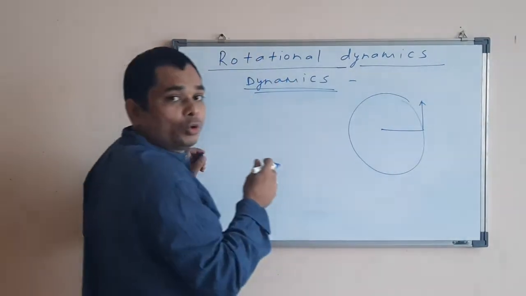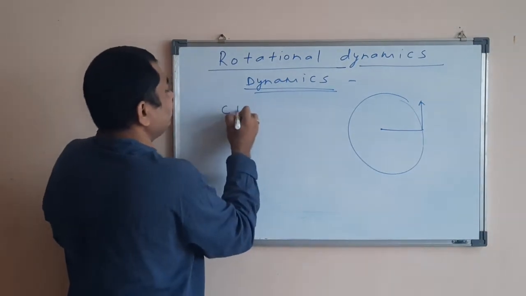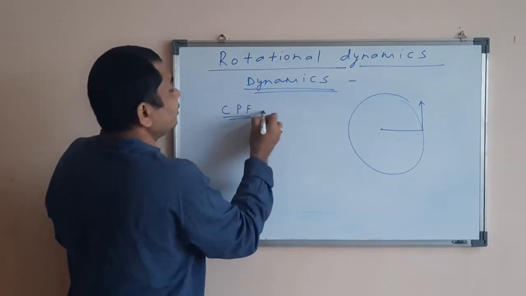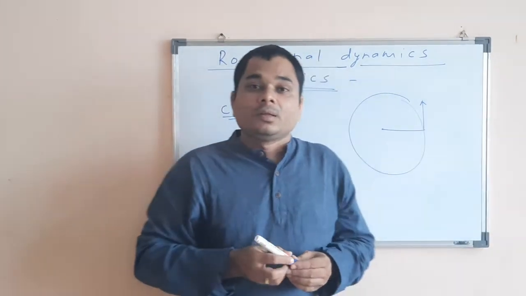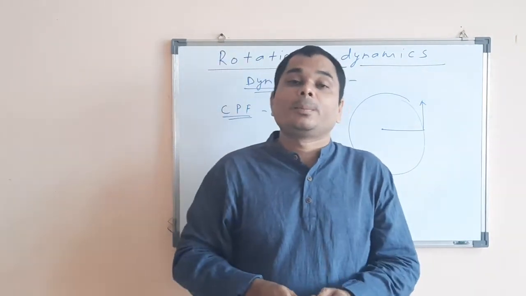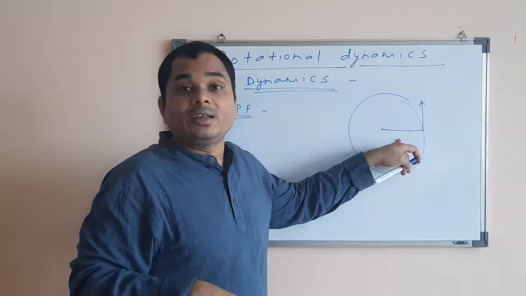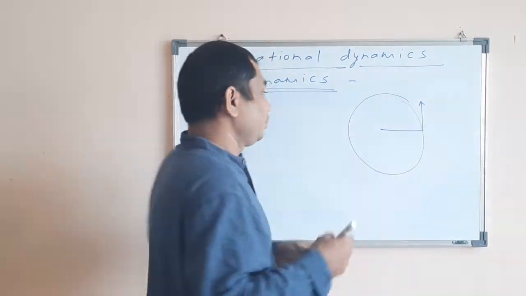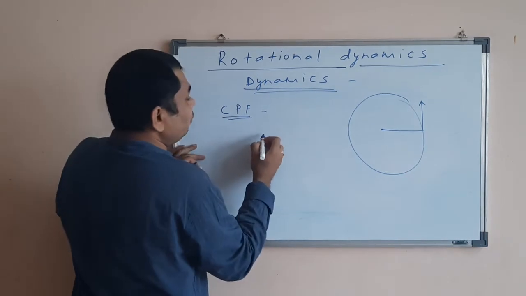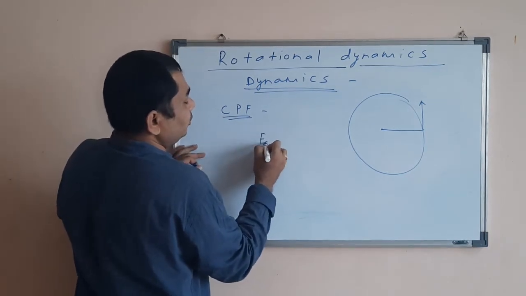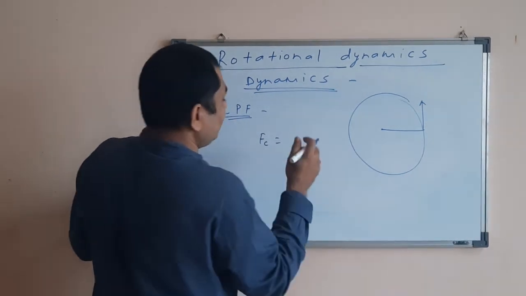That force is centripetal force. Centripetal force is the force that acts on a particle performing circular motion and which is always directed along the radius towards the center of the circle.